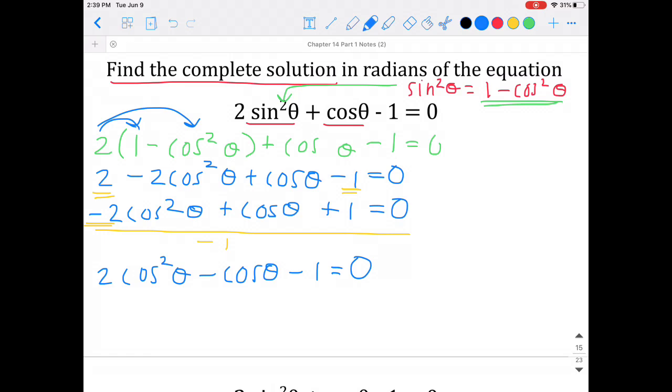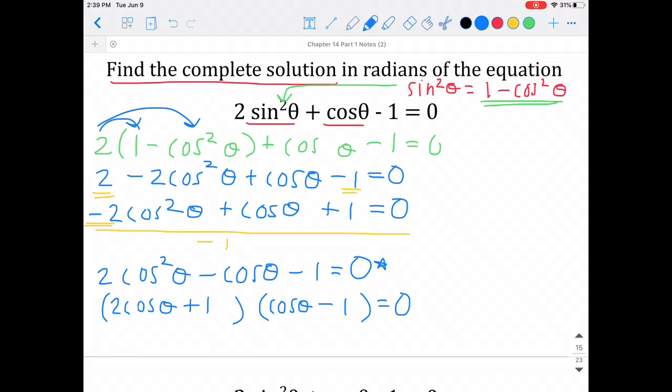So now from here, if you're given an equation like this, you should be able to factor. When we factor this function, we get 2 cosine theta plus 1 times cosine theta minus 1 equals 0. And you can always double check by foiling and making sure you get back to this step previously.